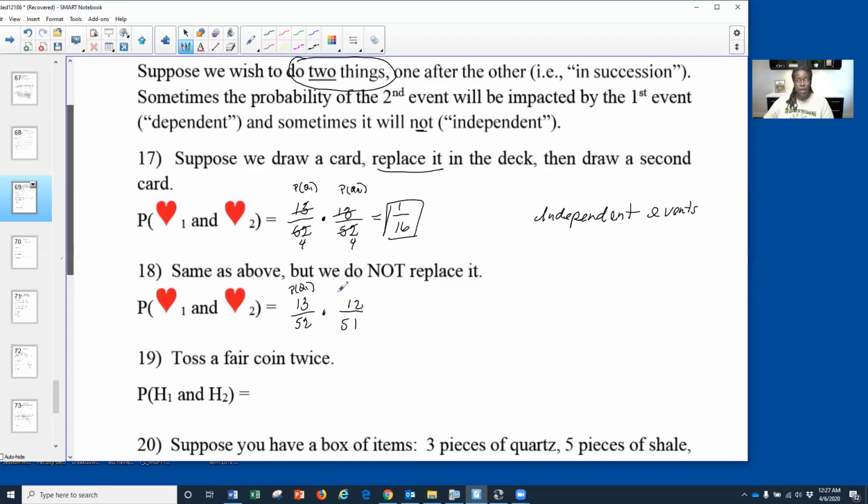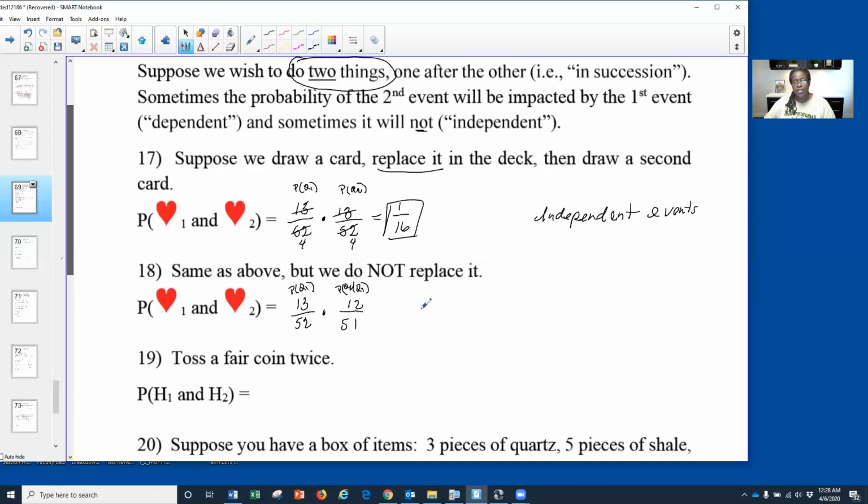But now, because we pulled that first card and didn't put it back, this is being affected. So now we have Q2 being affected by Q1, all right? So this line here represents given. So this second pull is a heart, given the first is a heart, right? So note that.